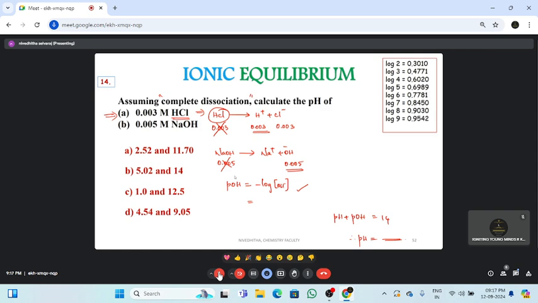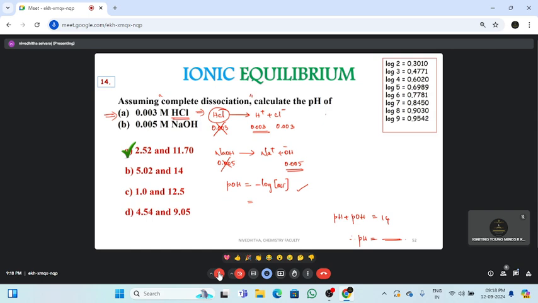Option A, ma'am. Very good. Yes. See, as far as hydrochloric acid is concerned, the concentration of the acid and the concentration of H plus were equal. As far as sodium hydroxide is concerned, the concentration of sodium hydroxide and the concentration of OH minus ions were equal.